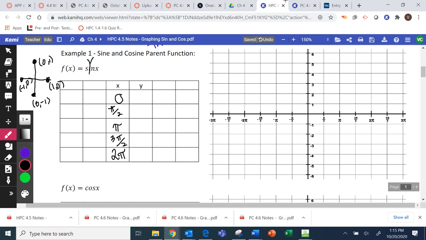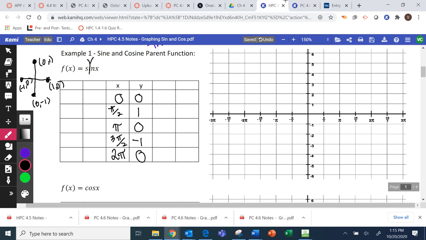Sine is the y, so I'm just using the y values. 0, 1, 0, negative 1, 0. So I just go around the circle and use the y values in those ordered pairs. So if you have forgotten what your y values are, you don't have to memorize the table. You just need to know this general picture of the 1, 0, 0, 1 stuff.